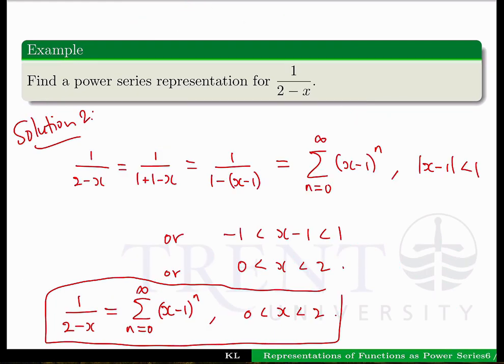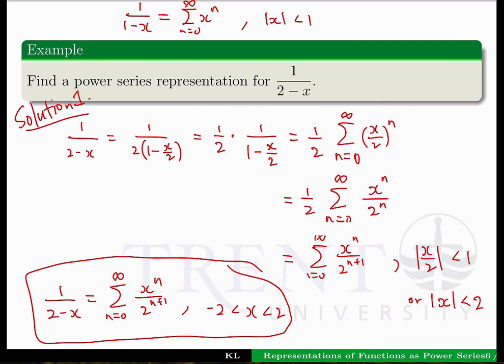On the other hand, here the center is at 1. The interval when the center is at 1 is from 0 to 2, while if the center is at 0, the interval is from negative 2 to 2. So the same function, different power series with different interval of convergence.